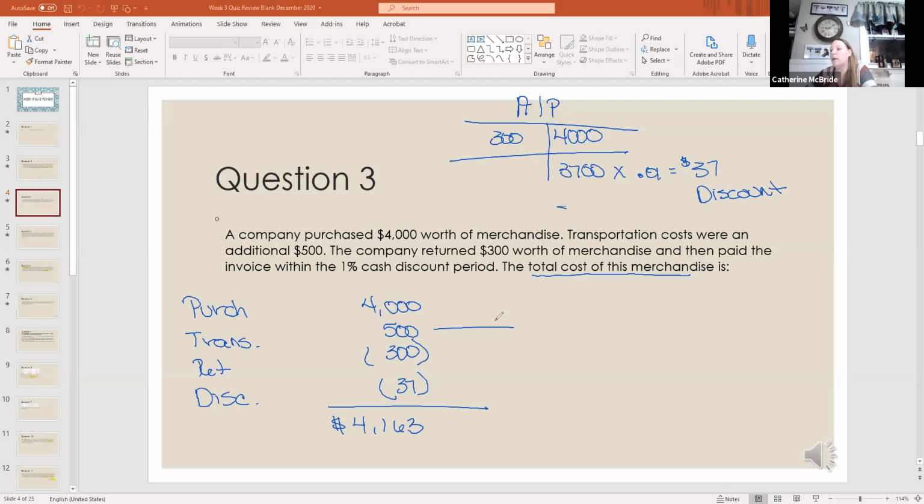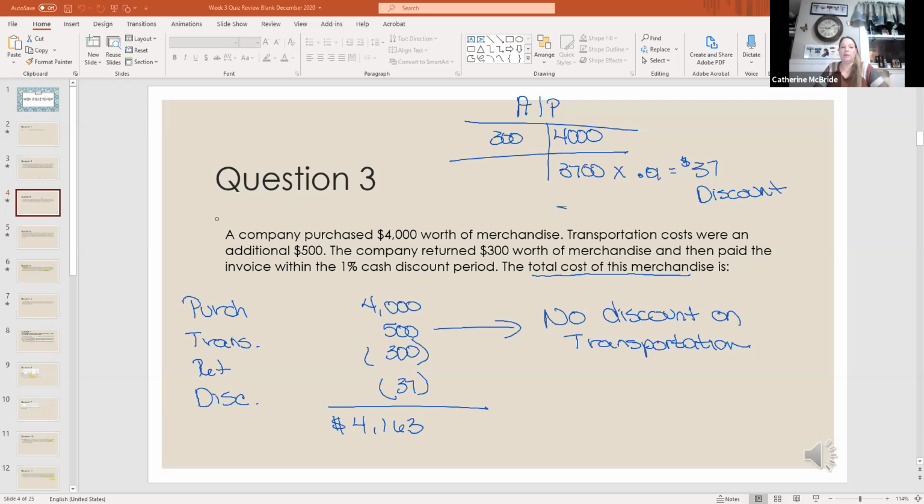When you do this one, remember that there's no discount on transportation. It's not part of accounts payable. Make sense? Yeah, so don't get mixed up and add that in there.